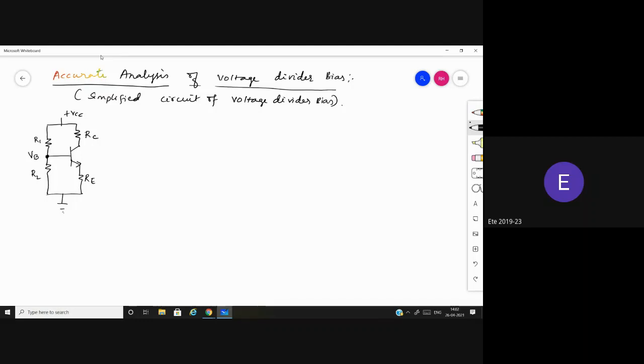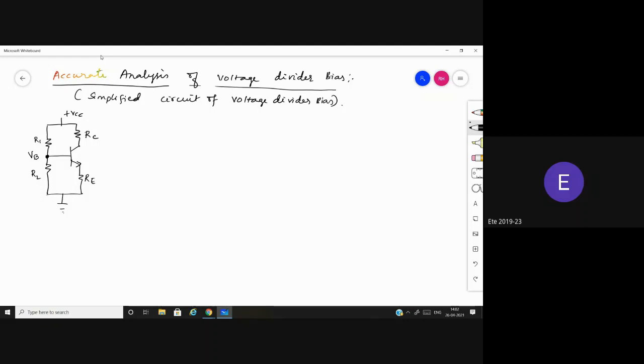But these two are connected in parallel combination. So now we want to find out what is the exact effect of these two resistances over here. That means how much resistance these two are offering at this particular point. Considering this circuit, this looks like a complex circuit for us.